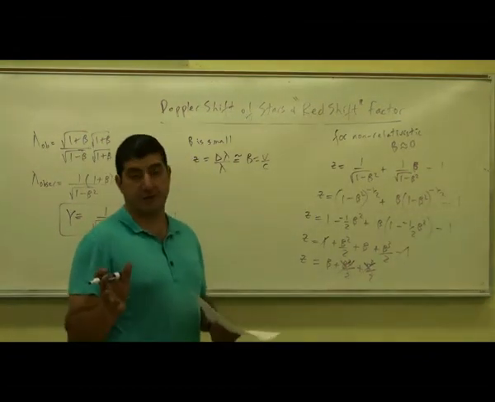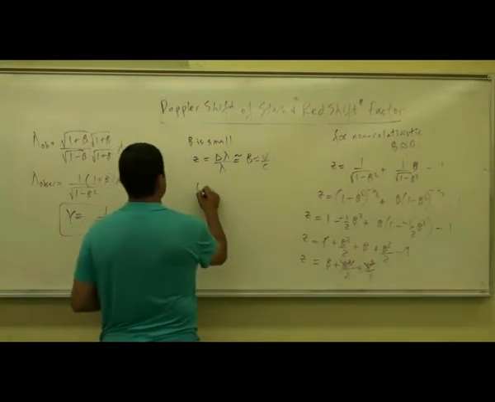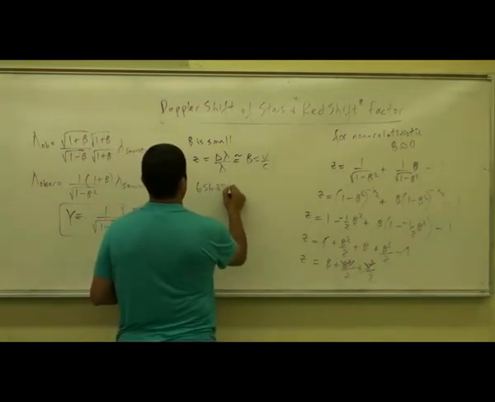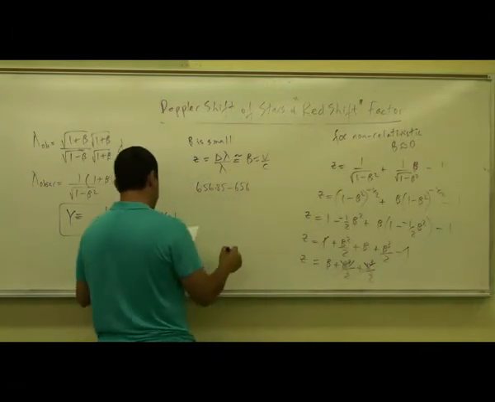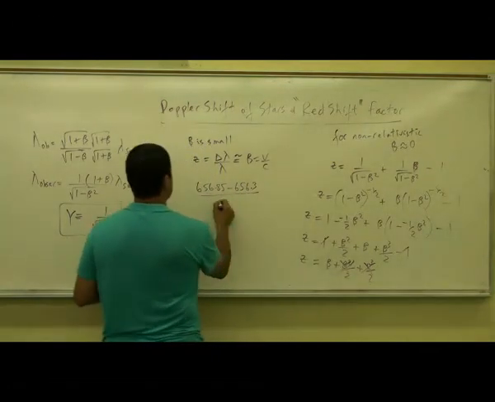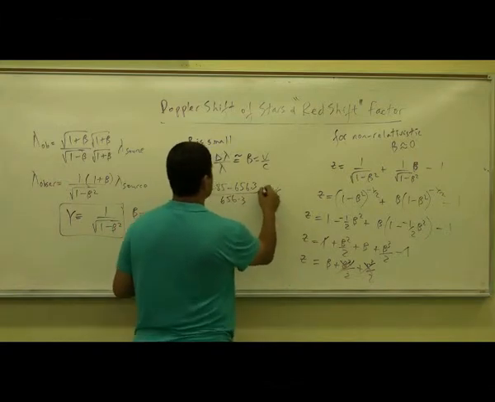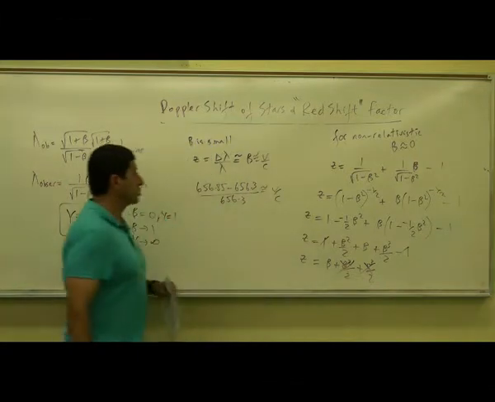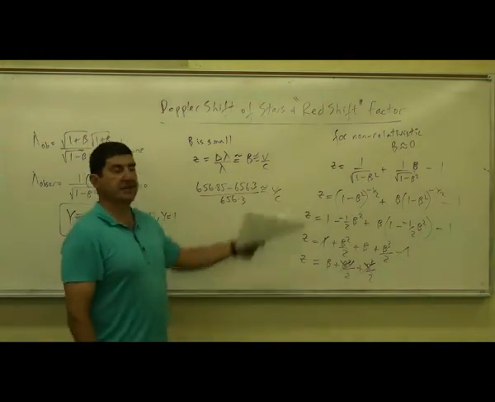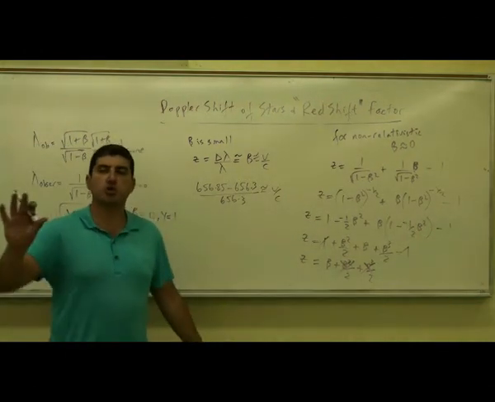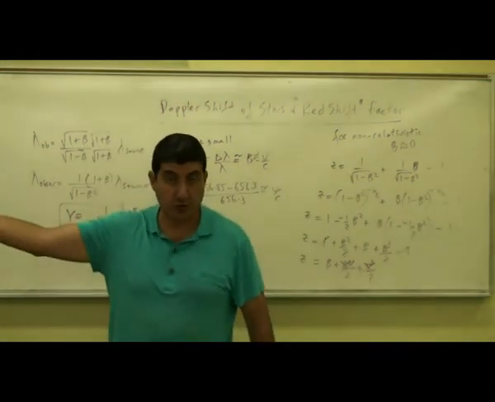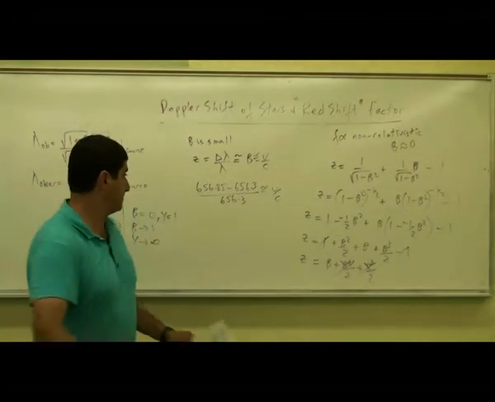So applying this to the previous problem, remember I did the problem where the shift amount was 656.85, and then the original Balmer line was 656.3. You divided that by 656.3, you get v over c, approximately. So you should end up getting the velocity of recession of the star close to the answer that we got when we did the relativistic actual equation, right?